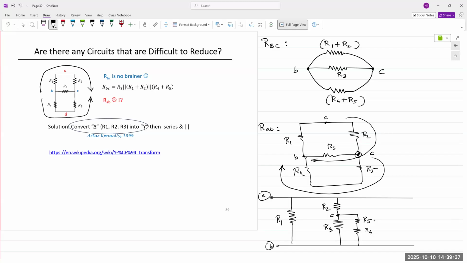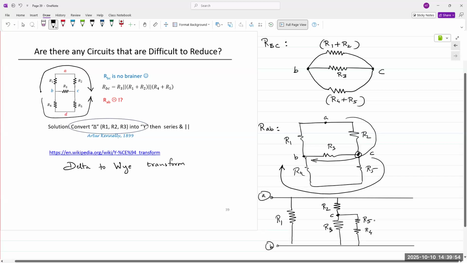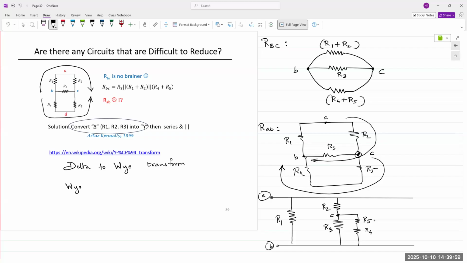And the name of the transform is delta to Y. This is a more appropriate topic for three-phase systems because that is where we would perform the configuration. But here we'd like to give a small introduction. We can have delta to Y or Y to delta. The reason it's called delta is because it looks like a triangle.